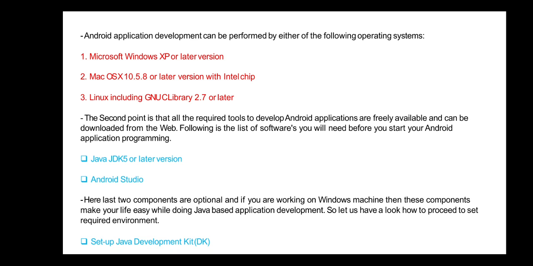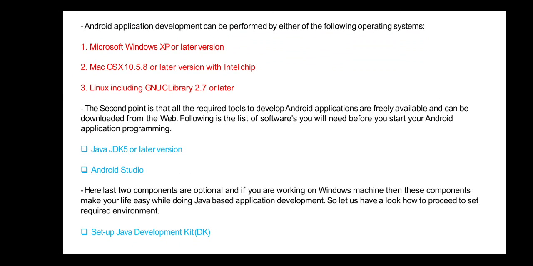Other than that, Android requires some freely available tools for developing applications, that is Java JDK 5 or later version and Android Studio. Next, some components that you should install on your device, that is the setup of Java, that is JDK. All of you know about that, the Java Development Kit.